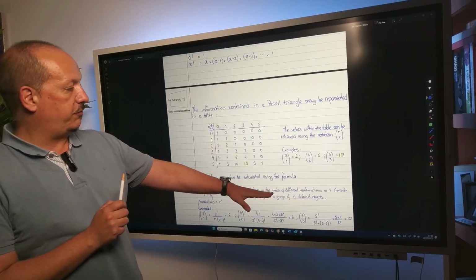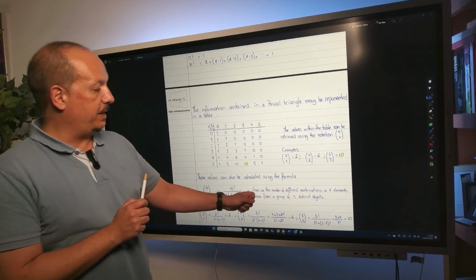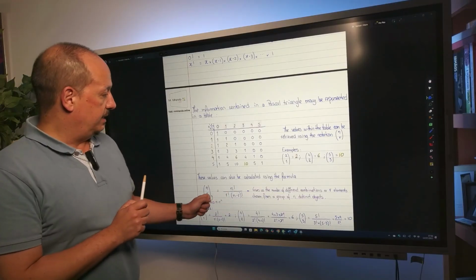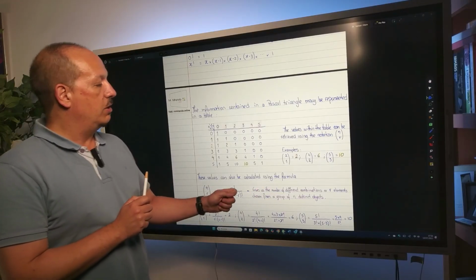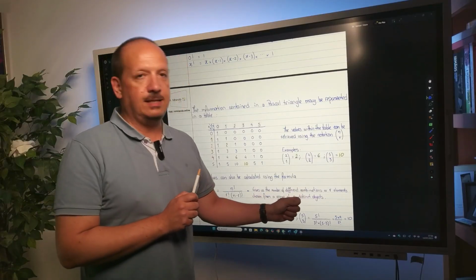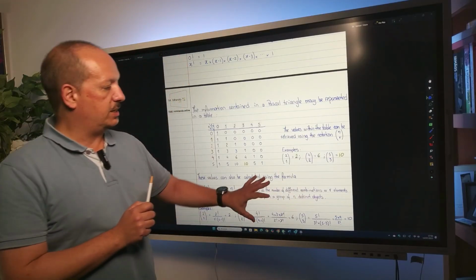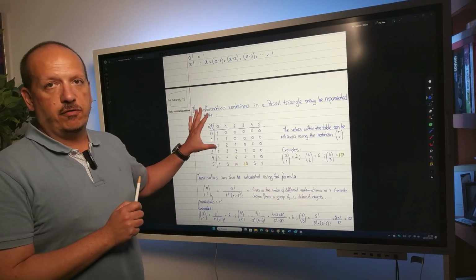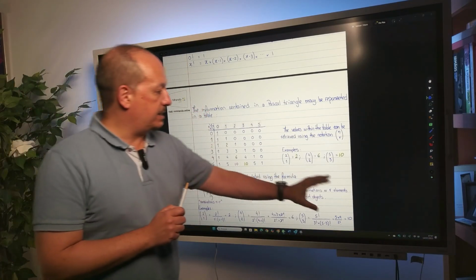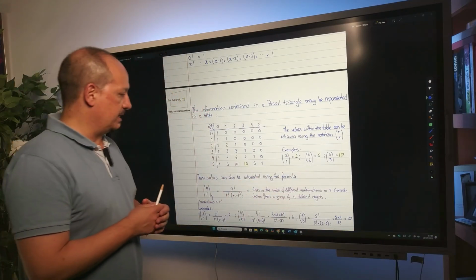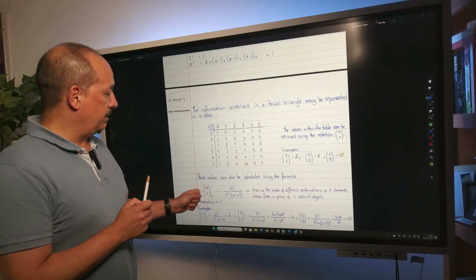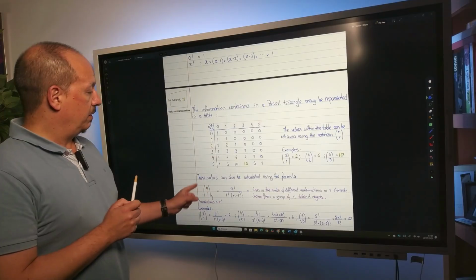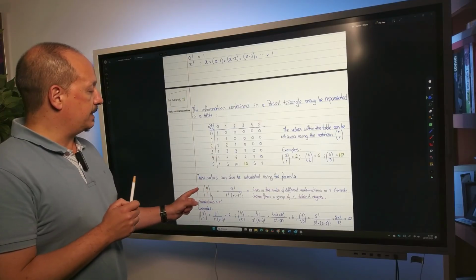Actually, you have here the definition of what this is, which is based in statistics. This gives us the number of different combinations of r elements chosen from a group of n distinct objects. You don't need to know this at all for the purpose of pure math, but this is what it means in terms of statistics.